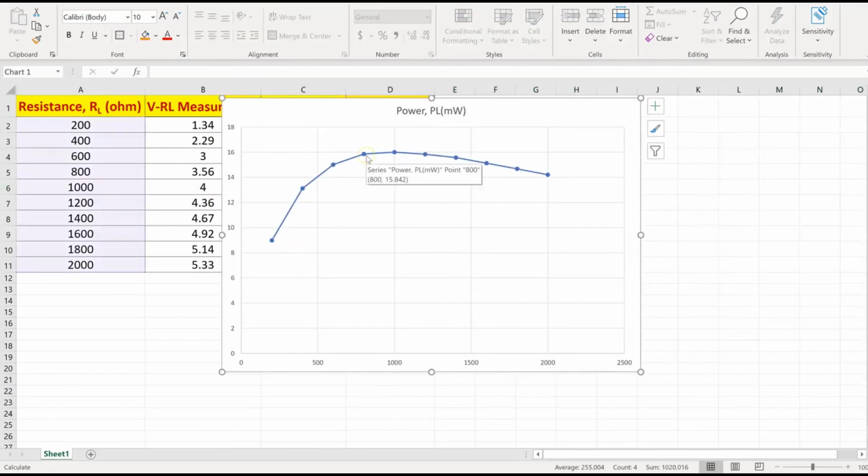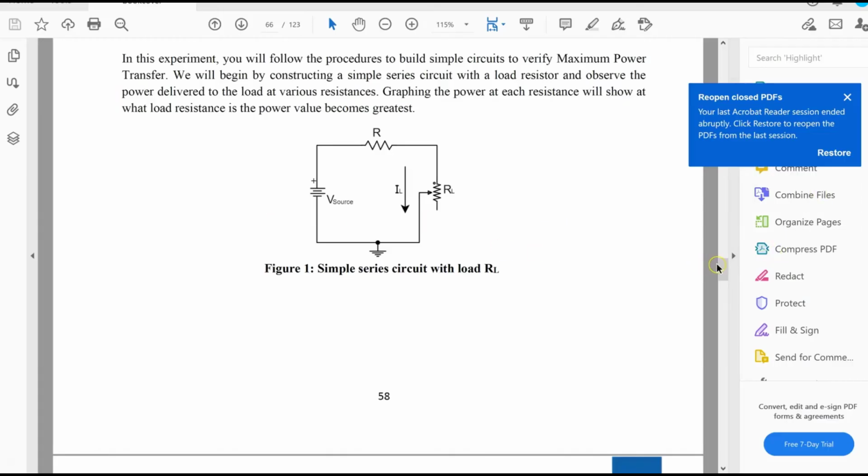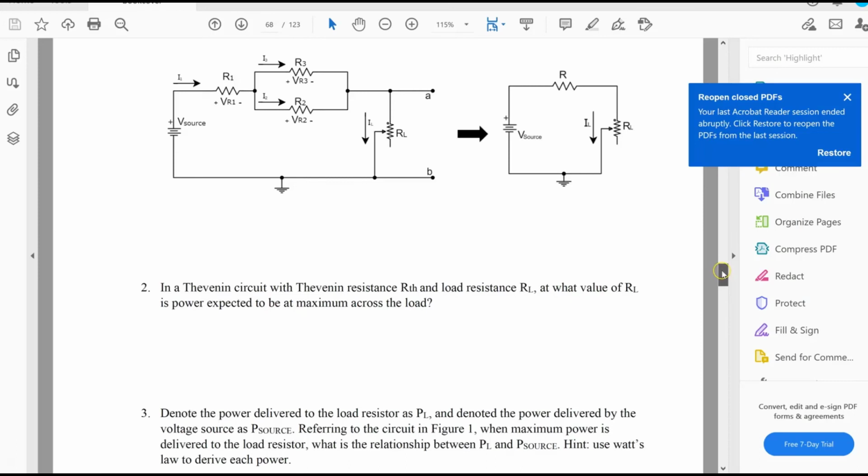So remember, your maximum power delivered to the load is going to occur when the load equals the value of the internal resistor. Say if you have something like this circuit, and you have your potentiometer or the load resistor here, you're going to have to find the equivalent resistance of this part of the network.